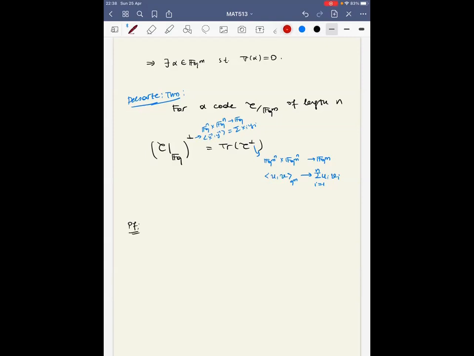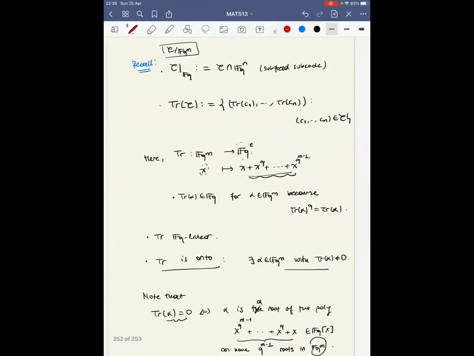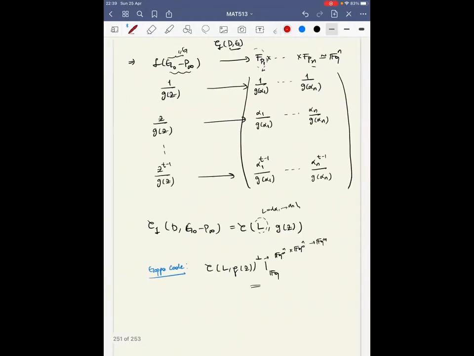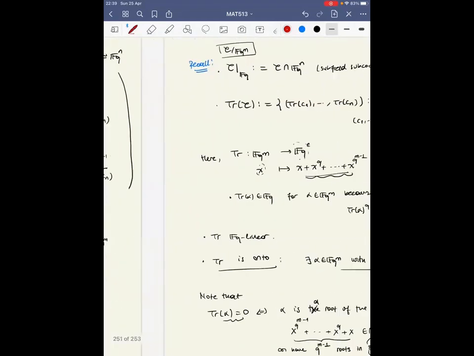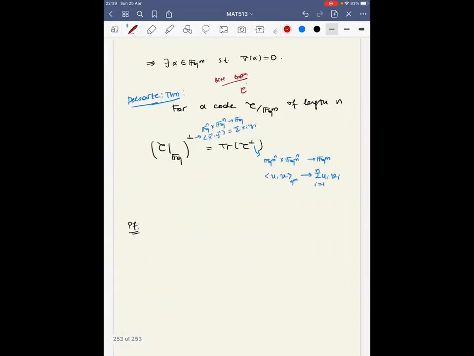So first, let me just consider again BCH and Goppa. In both cases, for an algebraic geometric code, we were able to describe them as the dual of the subfield subcode of the dual of an AG code.